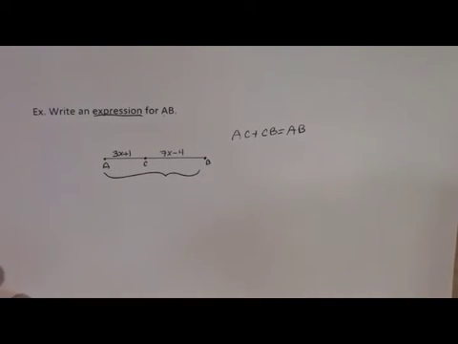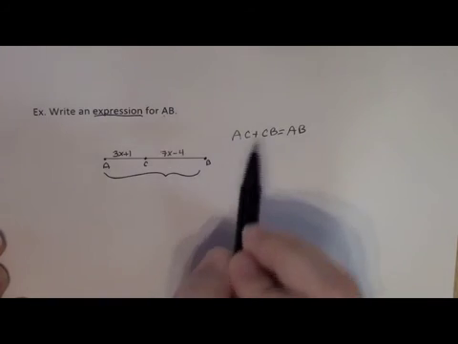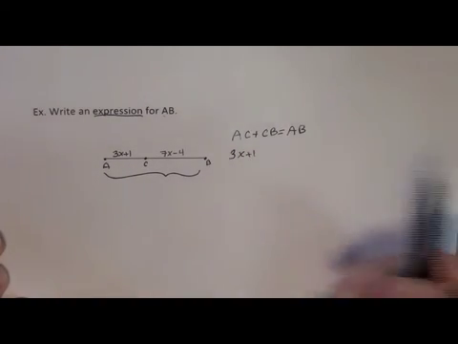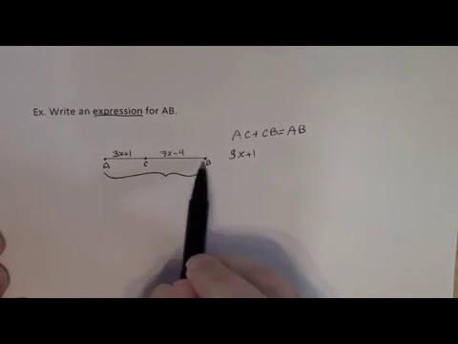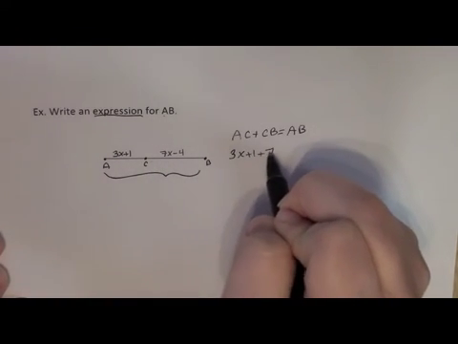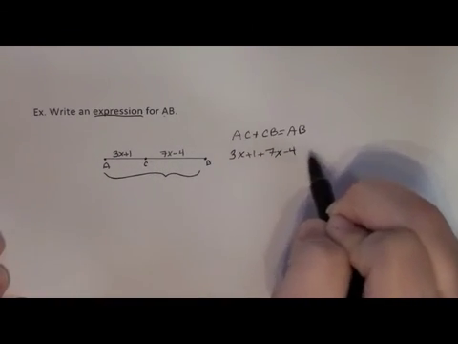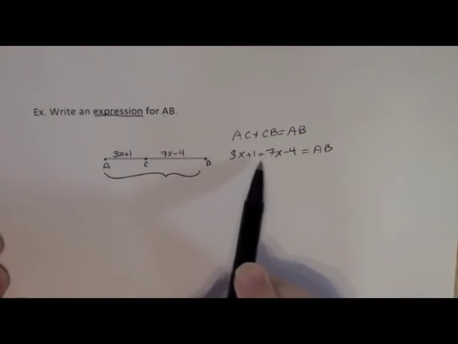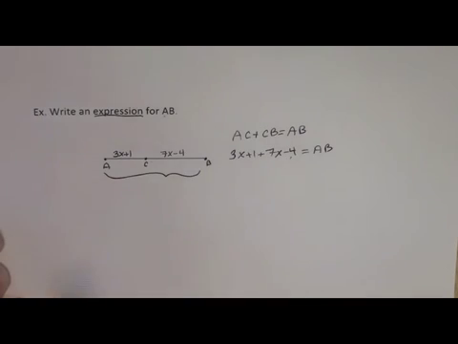The trick here, though, is that unlike the first example, which had numbers, made it fairly simple to calculate, this one has expressions. So AC is actually 3x plus 1, and CB is 7x minus 4. So we get 3x plus 1 plus 7x minus 4 equals AB.